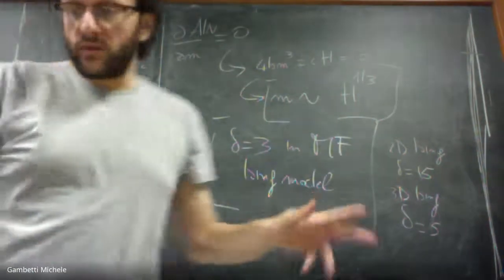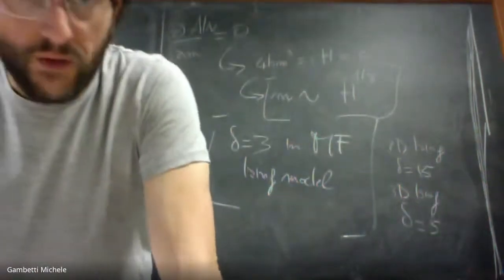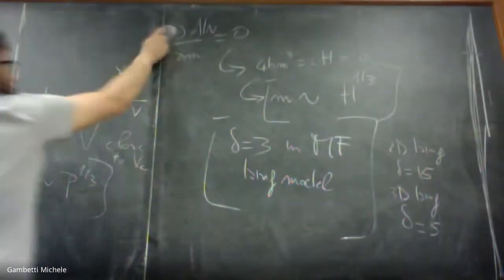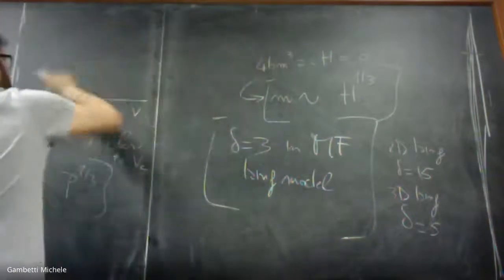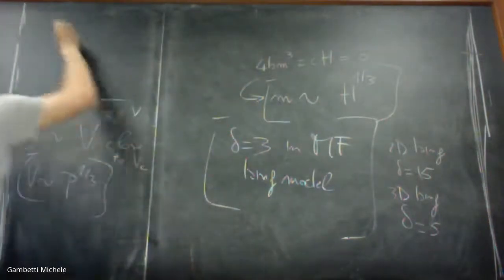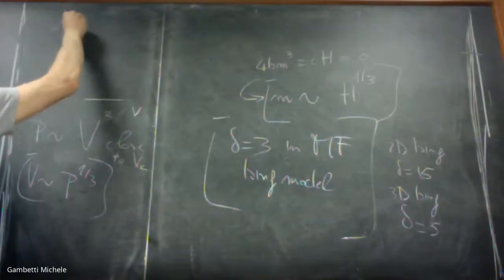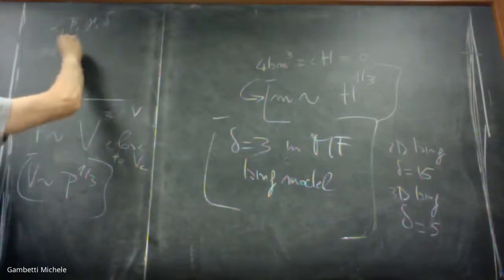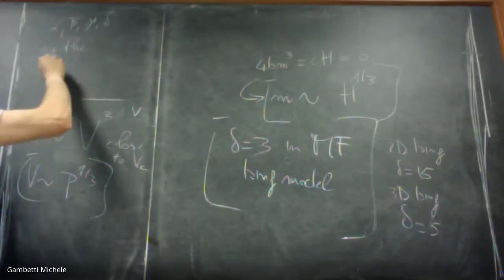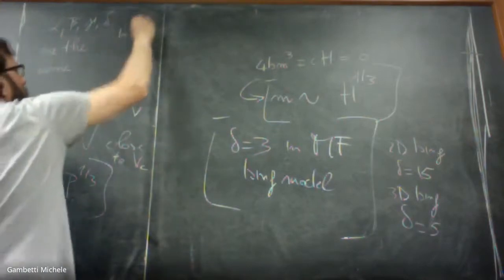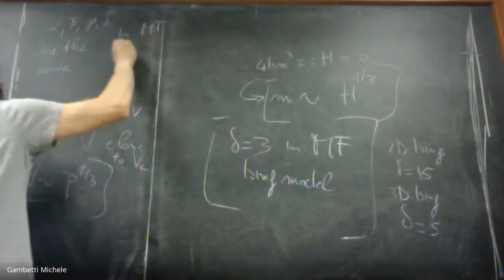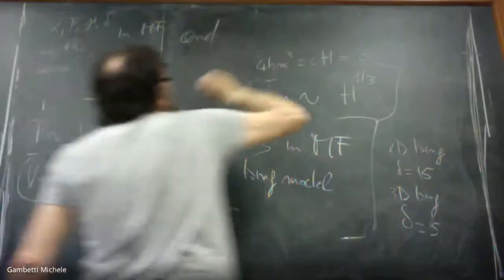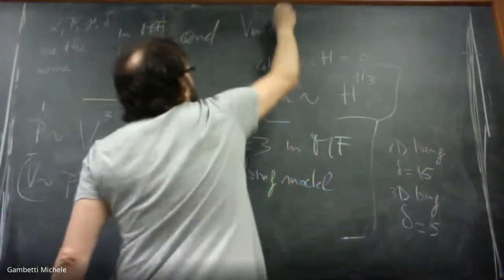So the behaviors are very similar, actually they are the same. So these critical exponents, alpha, beta, gamma, delta, are the same in mean-field Ising and van der Waals liquid gas.